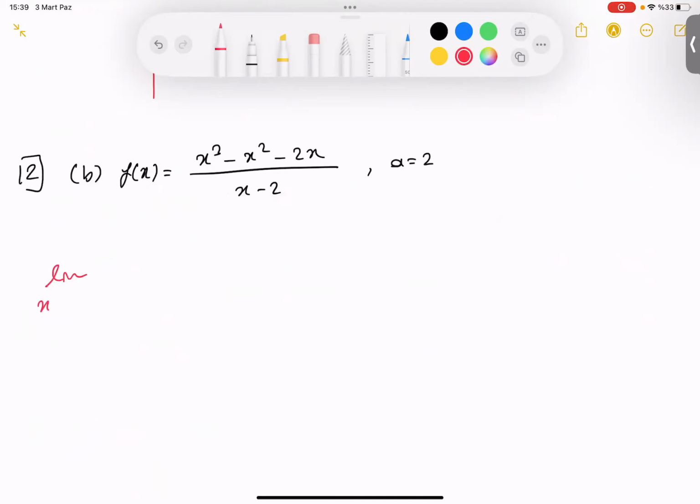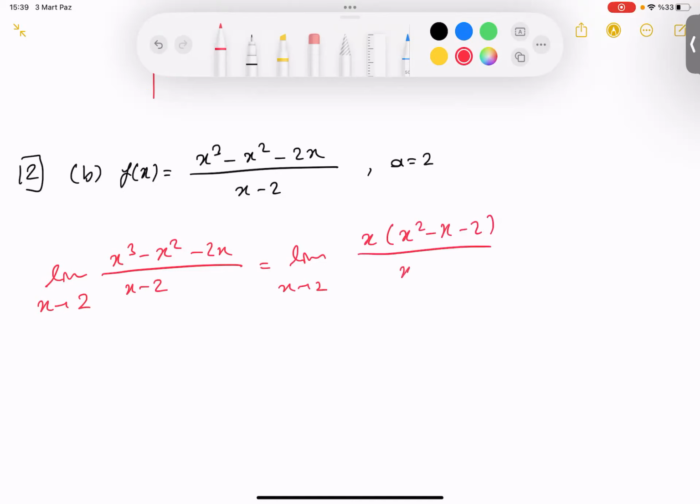So the problem is here, the point 2. You need to check the limit at the point 2. Write it in the parentheses of x, you will get this. And you can write this one again in this form.